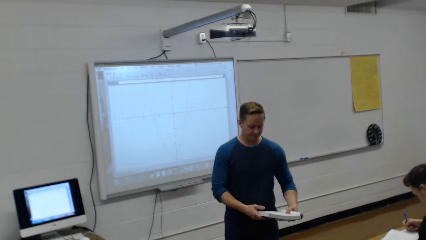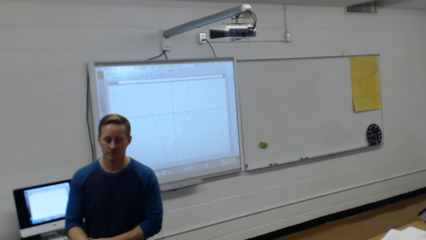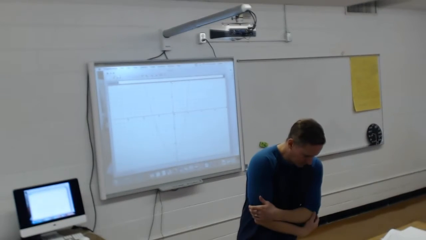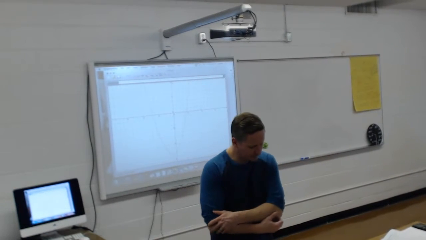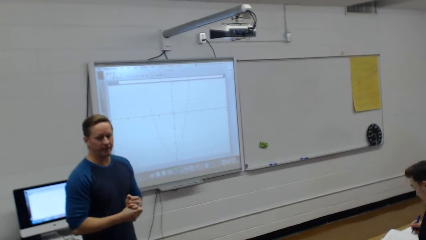Domain for that graph? X is an element of all reals. Range for that graph? Y is greater than or equal to negative 5.25. Look at the graph on there. Okay, so negative 5.25.